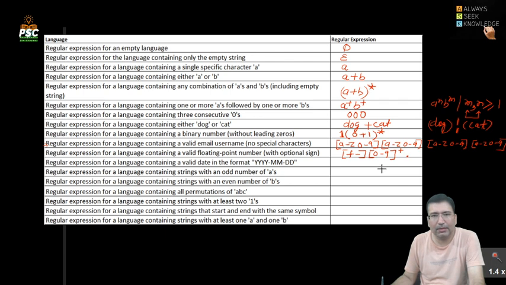In some languages, dot has a specific meaning, like dot specifies a single character. So if it has a special meaning, to remove that impact and to treat this dot as the dot character only, we use the escape character. We consider this an escape character, the backward slash.